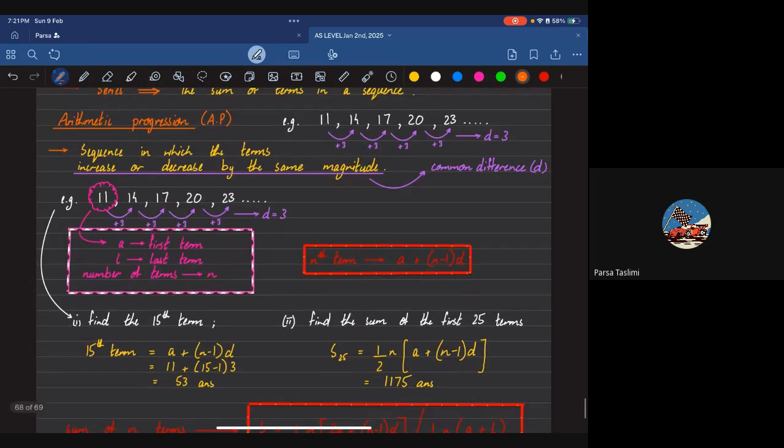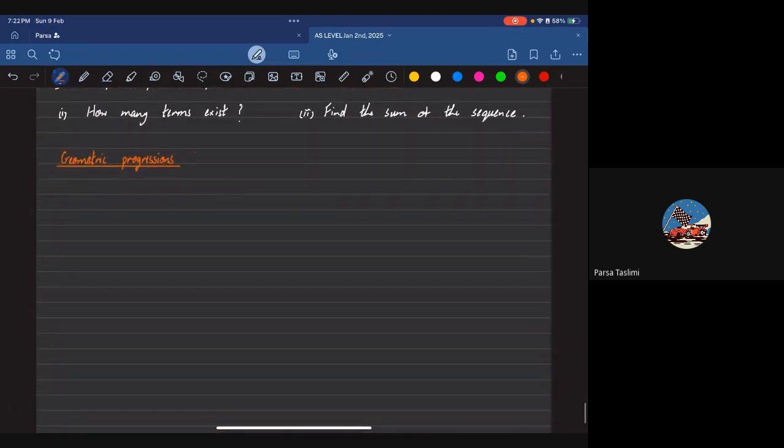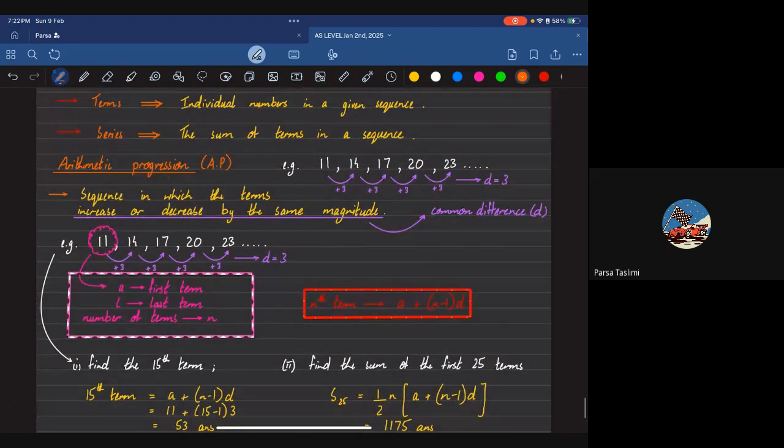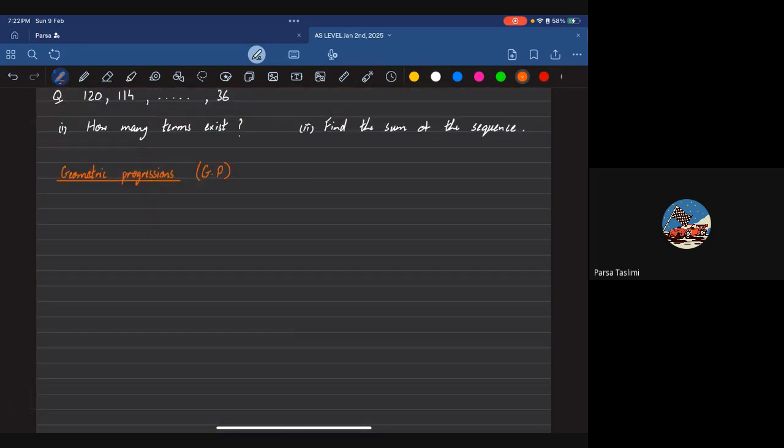AP is different from GP in the sense that the terms of the progression are simply increasing or decreasing by the same magnitude, but that magnitude is being added to it. Now, that magnitude is going to be multiplied into it.